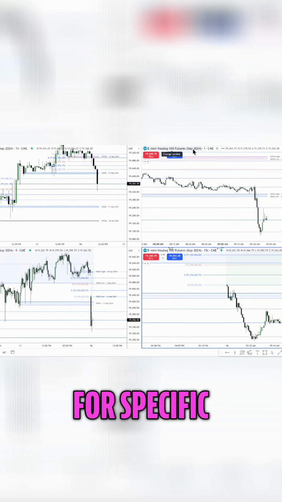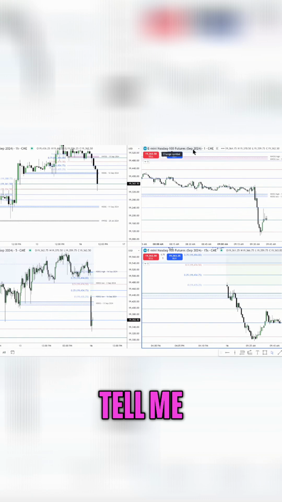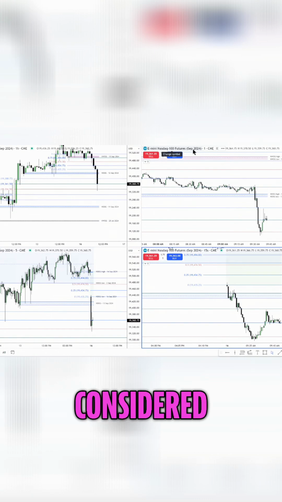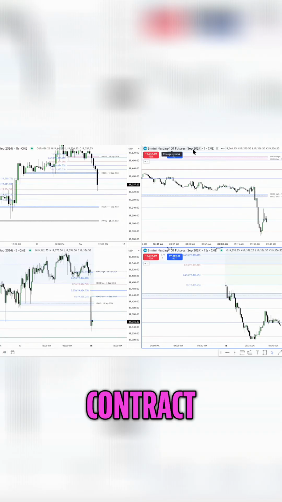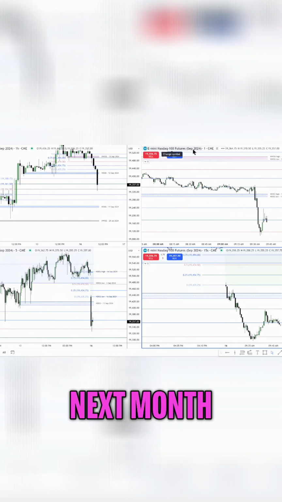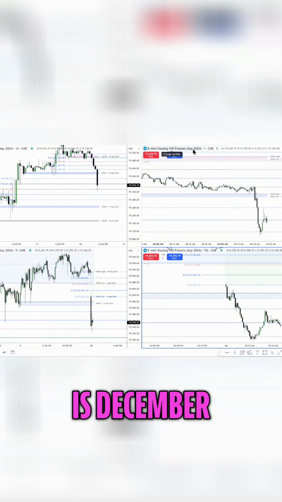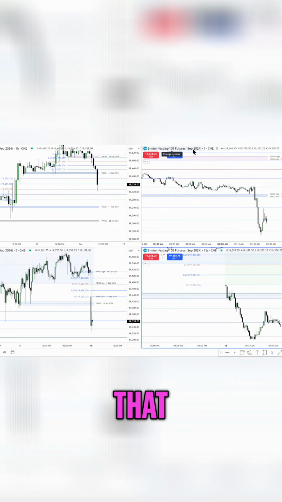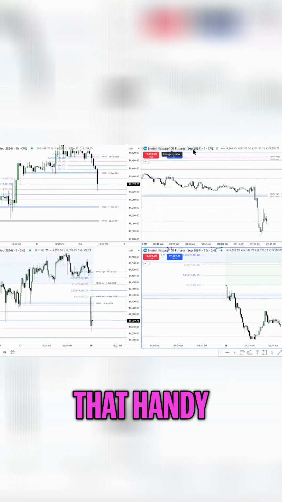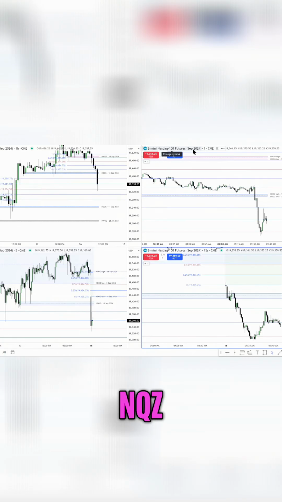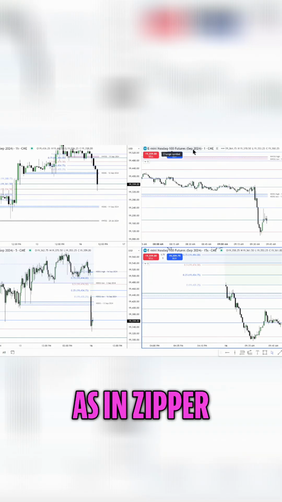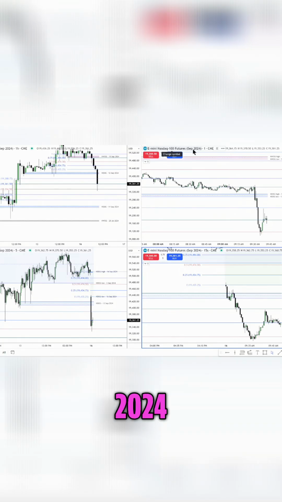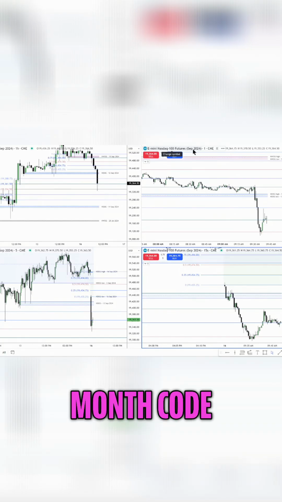I'm looking for specific numbers to tell me when I'm going to stop worrying about the September contract, the nearby contract, and trade the next month out, which in this case is December. The symbol for that, if you want to have it handy, is NQZ, as in zipper, 2024. Z is the contract delivery month code for December.